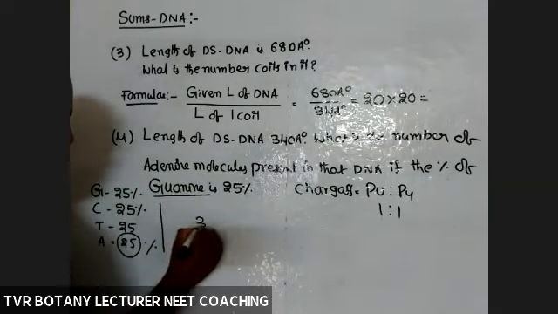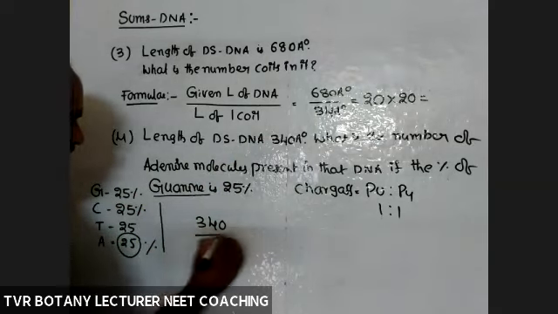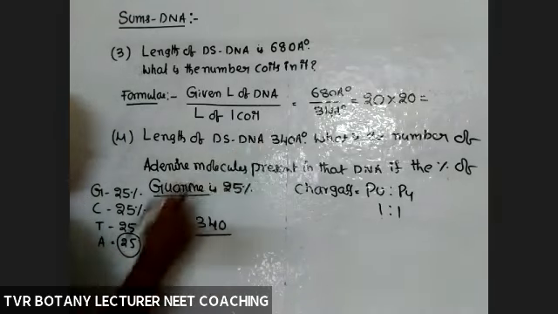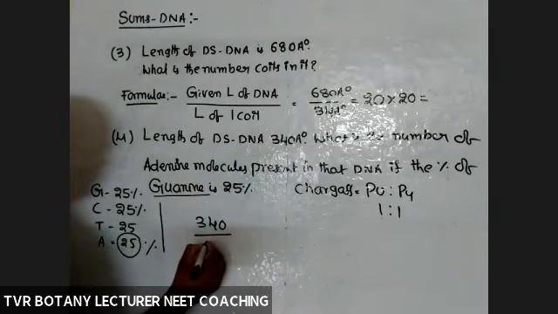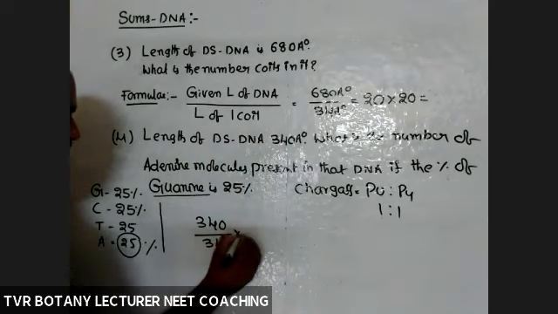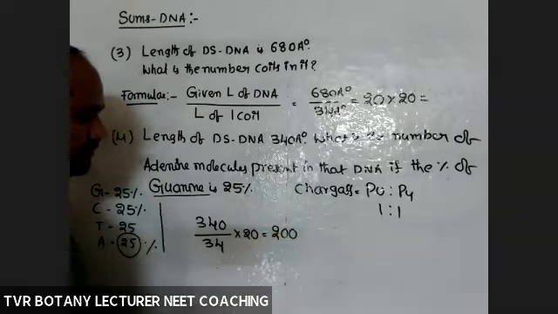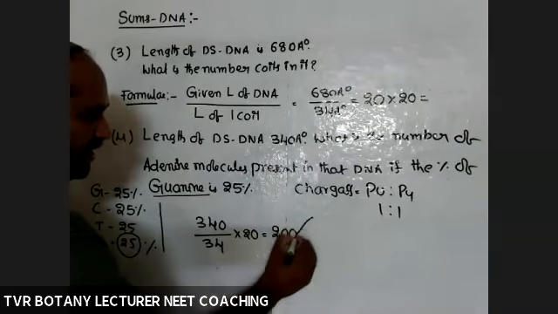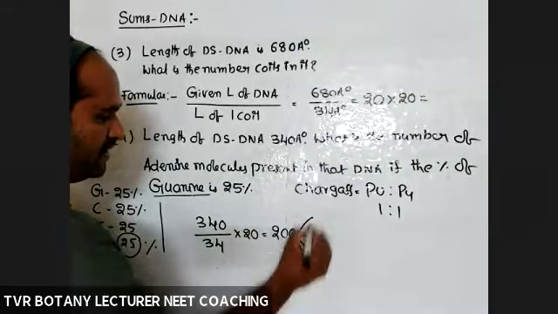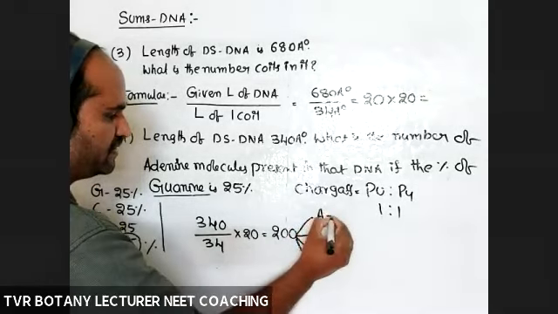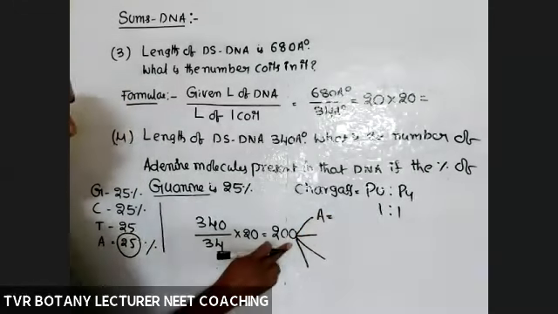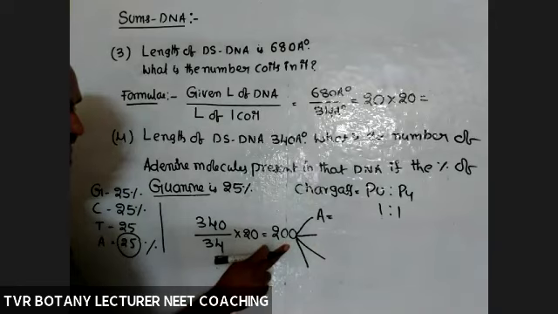Or if you don't know this one, simply do this calculation. See, 340 divided by, so length of DNA given. So 340 divided by length of one coil, 34 into 20. How many nucleotides? 200. Okay. So according to given percentage, A 25% means per 100, 25. 200s are there, so 2 into 25.